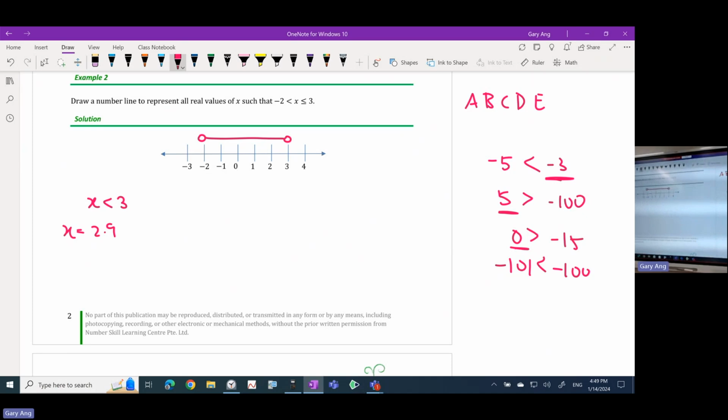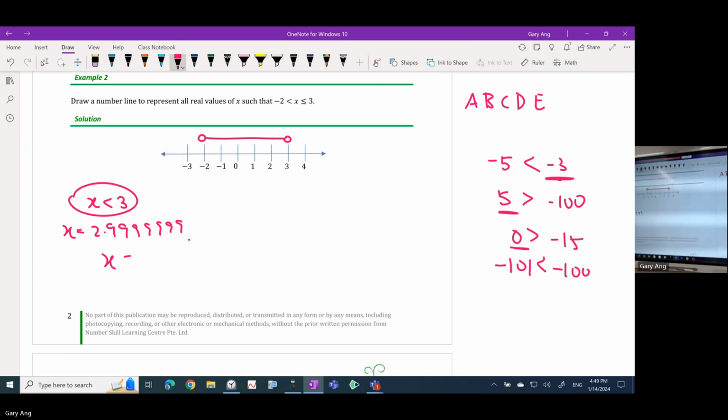As long as it is less than 3, it's fine. Can it be bigger? 2.99. You get the idea, right? The whole idea is that x must be less than 3. It can be very, very nearly 3, but it is not 3.